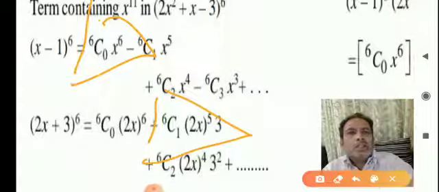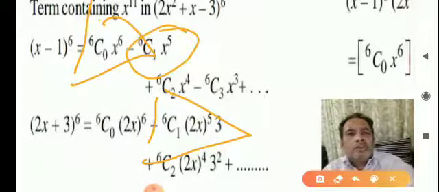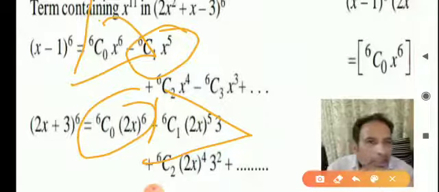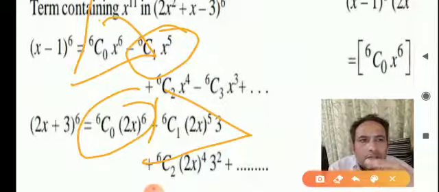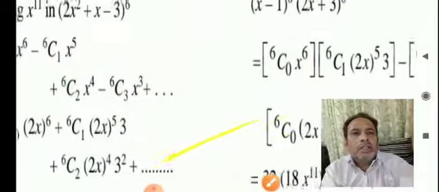Similarly, if you consider the x to the power 5 term from the first multiplied with the x to the power 6 term, then you will get x to the power 11. So we can say the result will be like this.